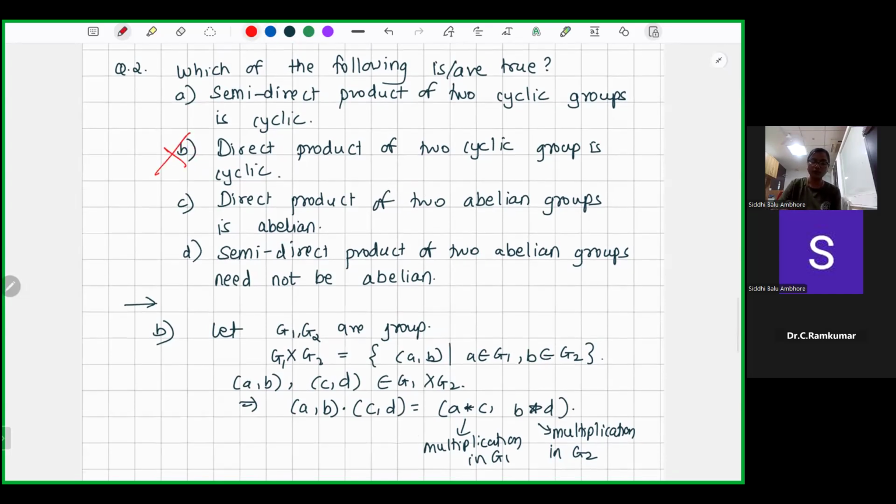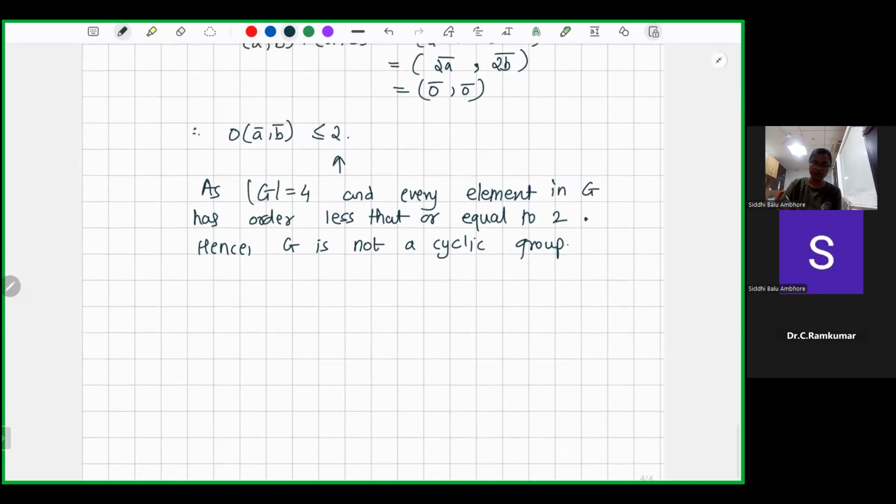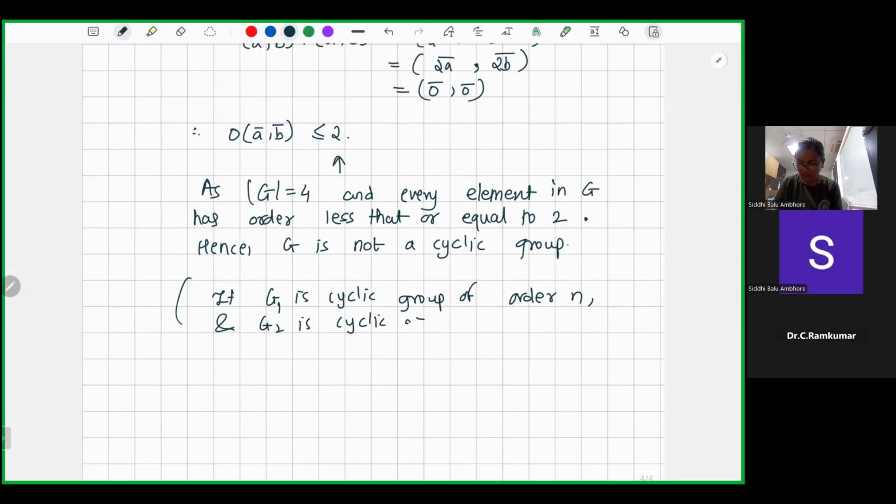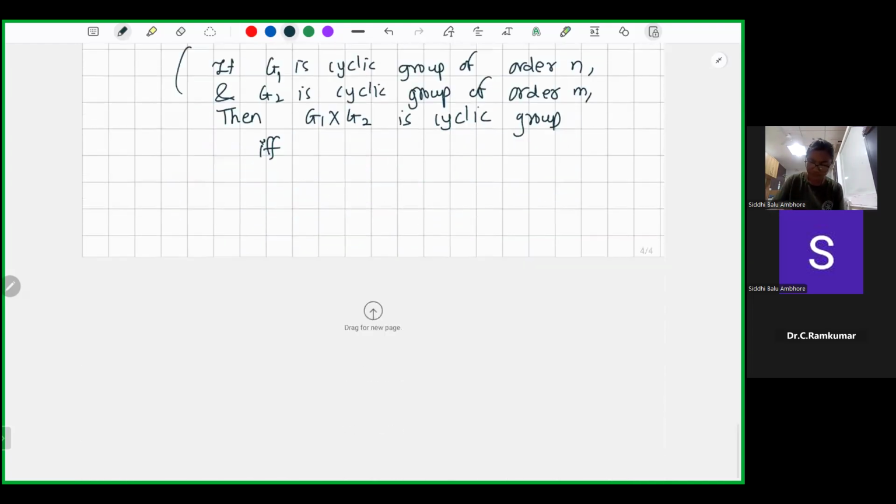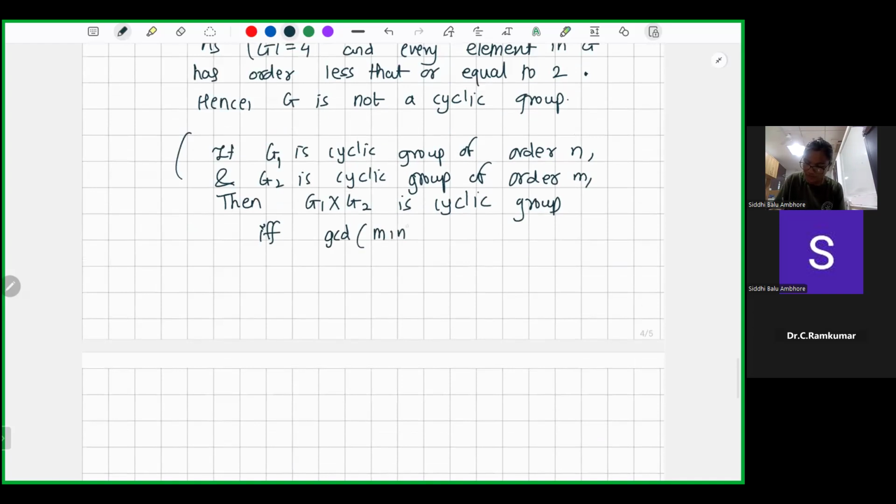Okay, and if you want to go even further, understand that if G1 is a cyclic group of order n and G2 is a cyclic group of order m, then G1 cross G2 is a cyclic group if and only if GCD of m comma n is 1.